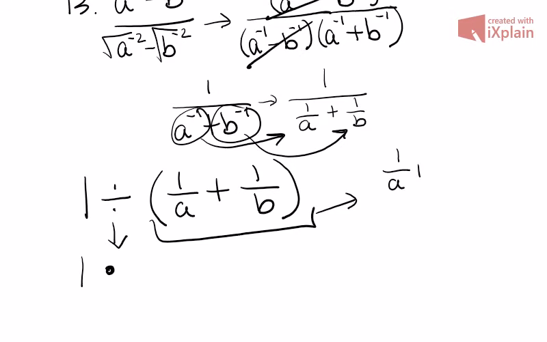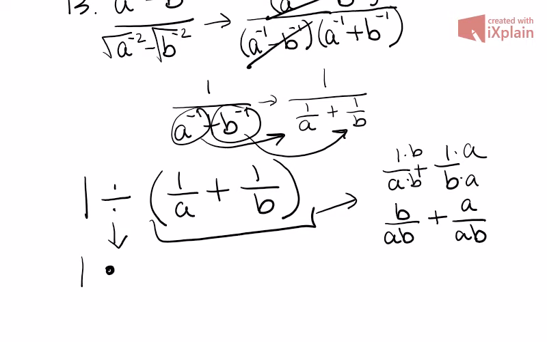So 1 over a plus 1 over b. This guy needs a b. This guy needs an a because they have to match. So this is actually b over ab plus a over ab, which is b plus a over ab.